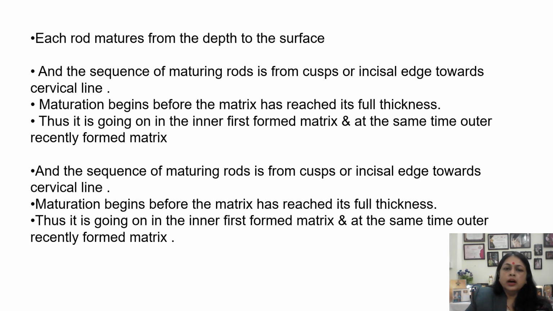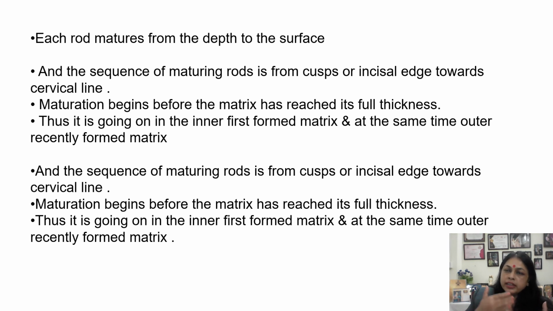So maturation begins before the matrix has reached its full thickness. Thus it is going on in the inner first formed matrix and at the same time in the outer recently formed matrix. And the sequence of maturing rods is from the cuspal or incisal edge towards the cervical line. And maturation begins before the matrix has reached its full thickness. It is not that all the matrix is laid down and then it undergoes maturation.